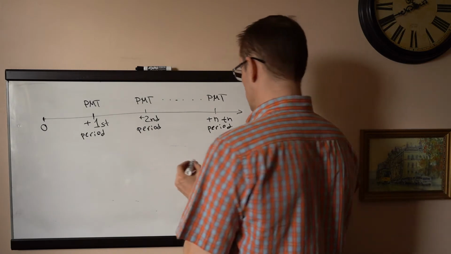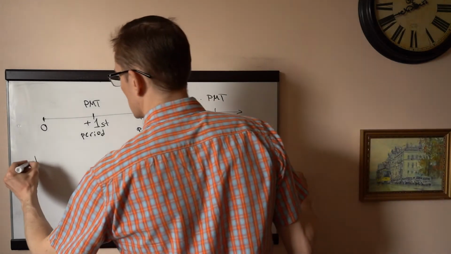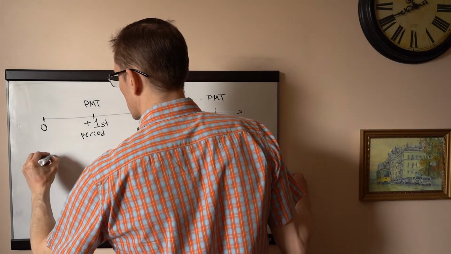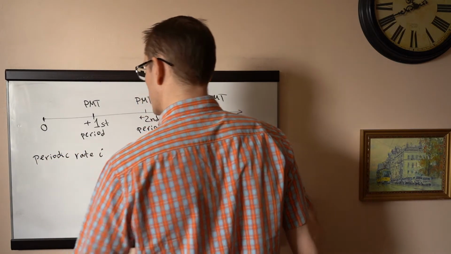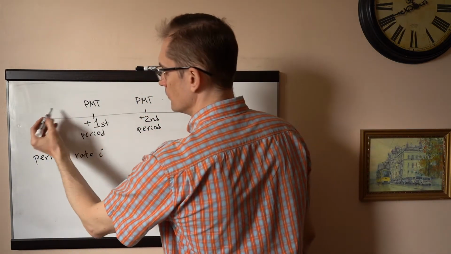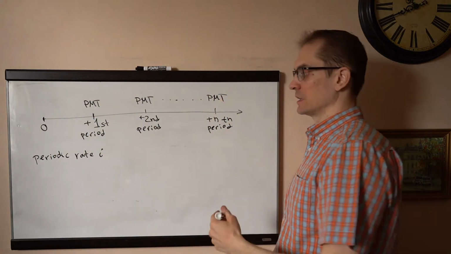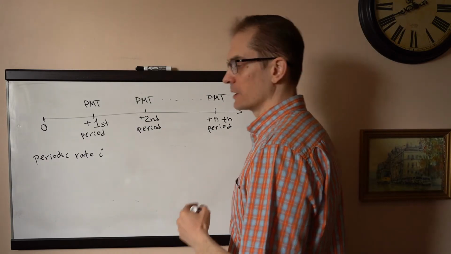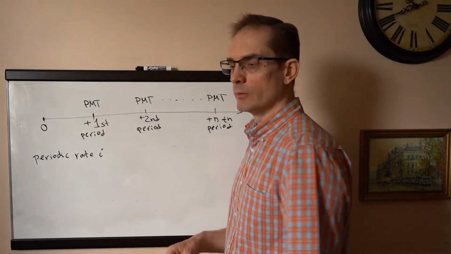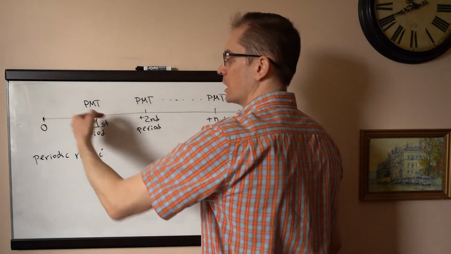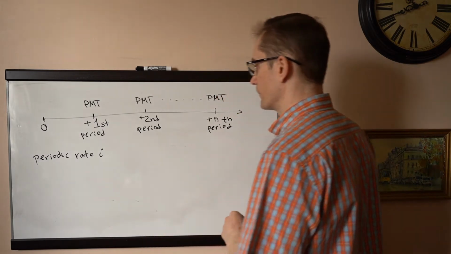Now we also have to talk about some periodic rate I. So over each period we have rate I to talk about. For example, if you have some rate compounded monthly and each period is 1 month, then for each period you have that monthly rate working here.